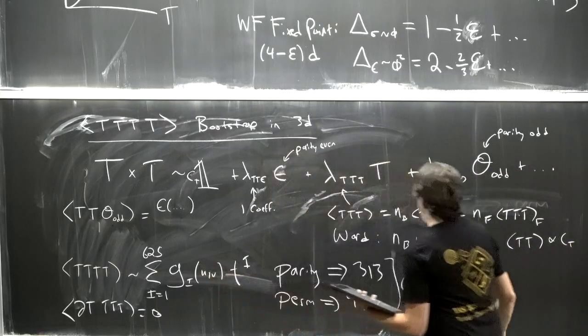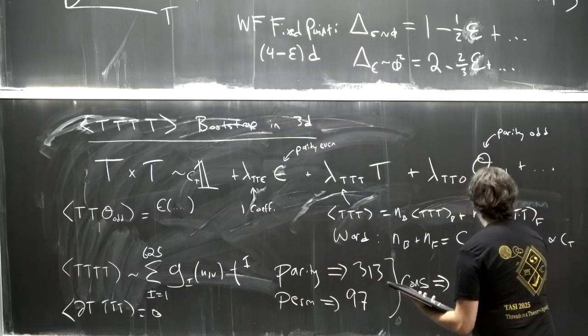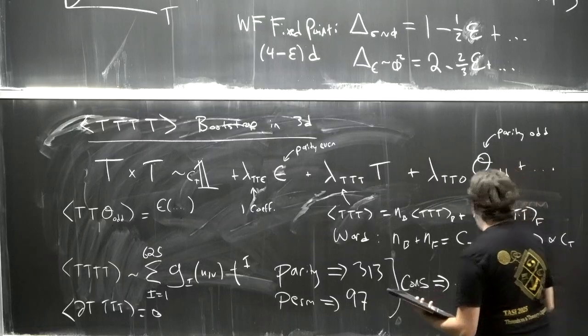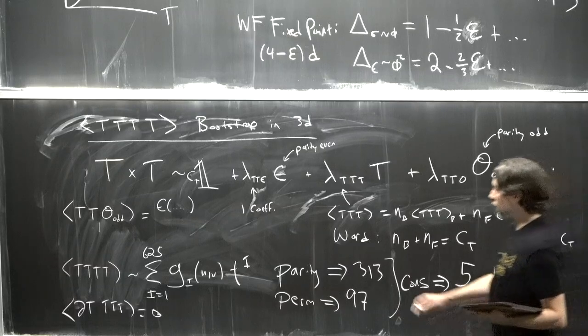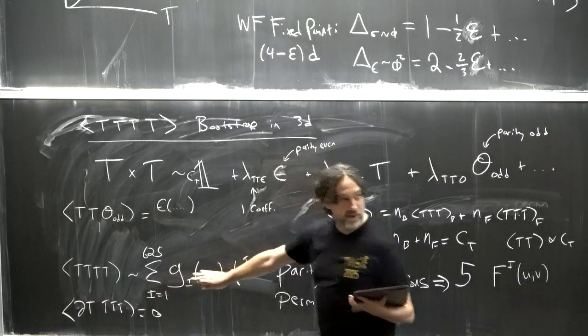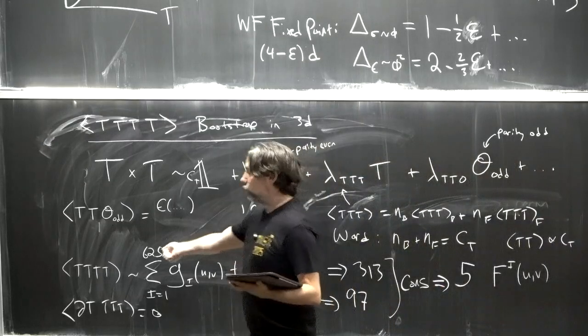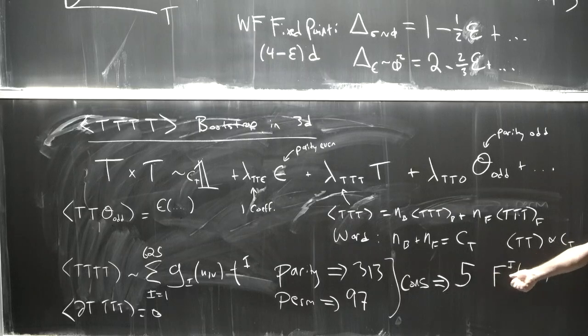Okay, so the claim is that there are basically 5 independent crossing equations that you get, plus some boundary conditions. I said you get some differential equations from conservation, and we want to use these differential equations to reconstruct all these 625 structures from the 5 that we're specifying.